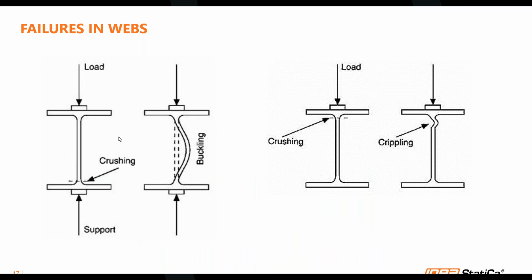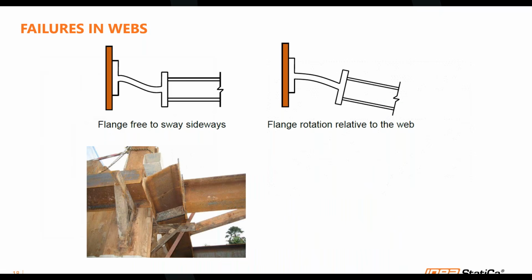But sometimes we forget to consider local failure, for example buckling, crushing, or crippling of the webs. Another is that when the load is too huge, or you didn't consider some restraints, the flange will try to fray sideways, or the rotation of the flange relative to the web will become an option right here.